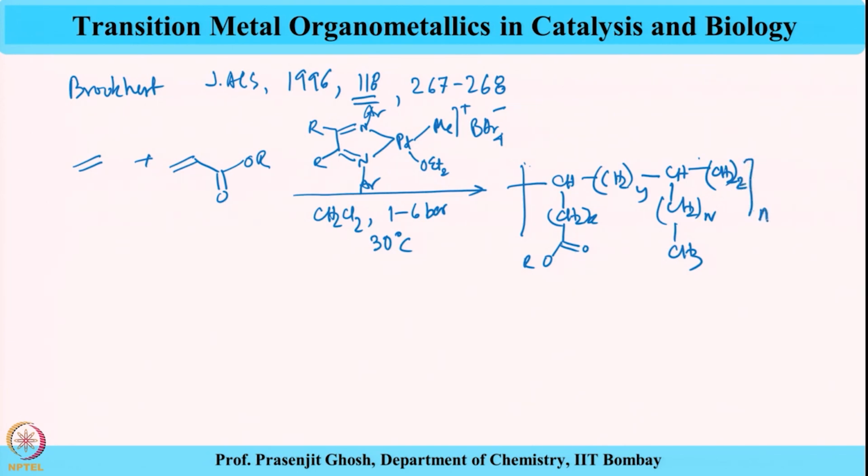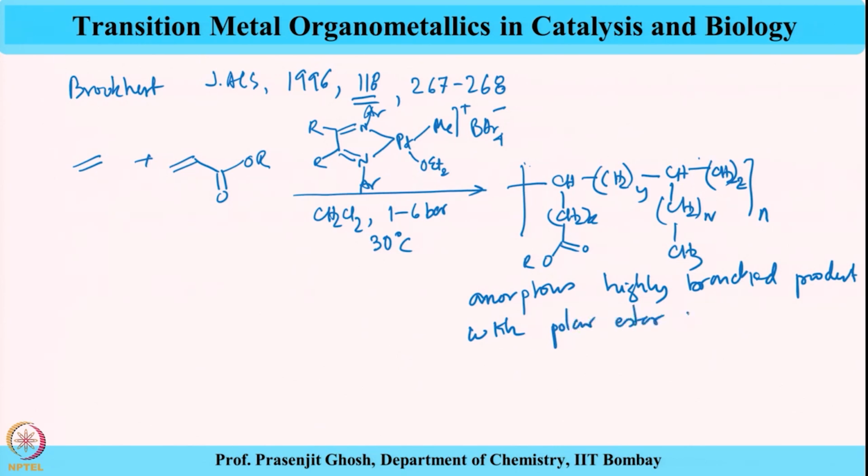So, this is an amorphous, highly branched product with polar ester side groups. This is a very interesting discovery which could copolymerize, and now there is a polar functional side group present on the polymer backbone.